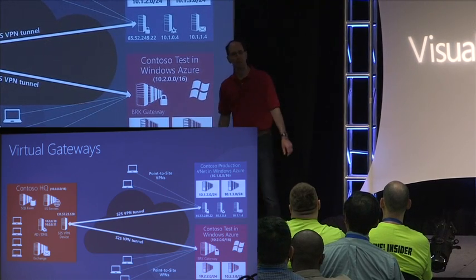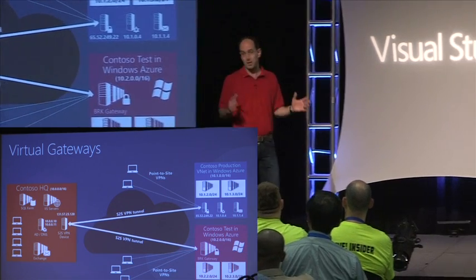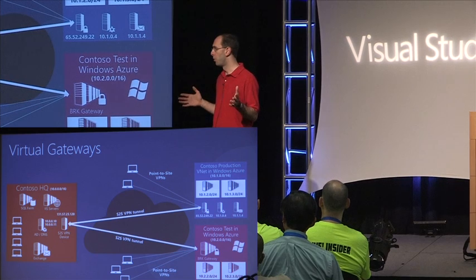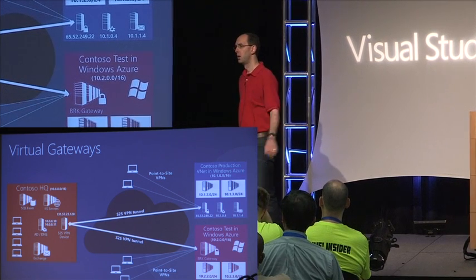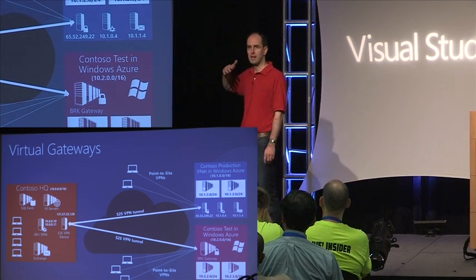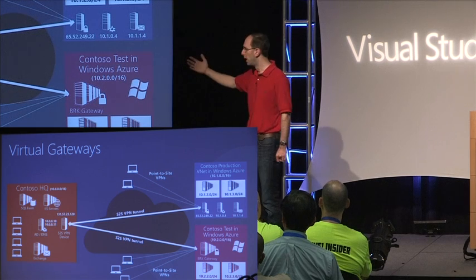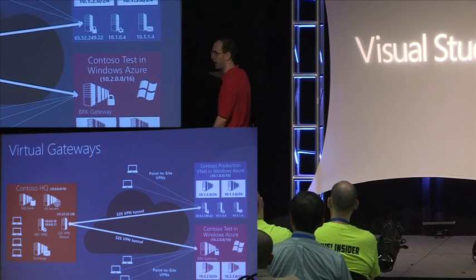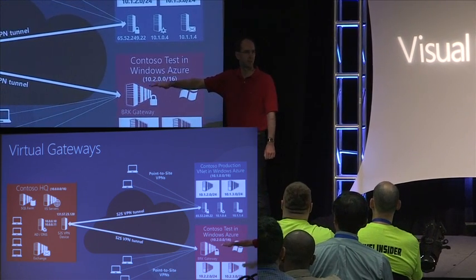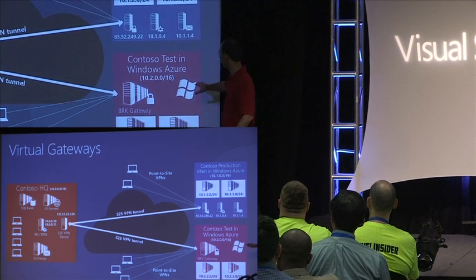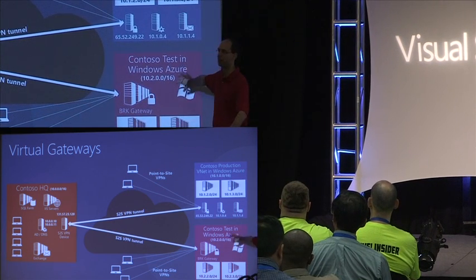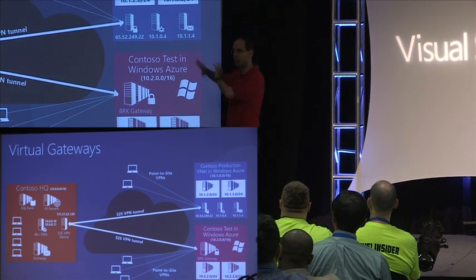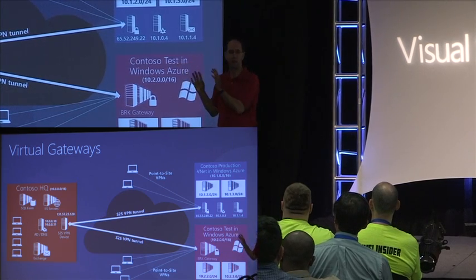And this is really useful for a couple of scenarios, one of which, again, is for developers. So if you want to set up a dev test environment, or if you want to set up multiple machines that your developers can actually access and use, but you don't want to go over the public internet. You don't want someone to be able to sniff something on the wire. And in fact, you might not even want the machines in your test environment to have a public IP address, so that no one could even, forget firewall rules, I don't even want to have an IP address.